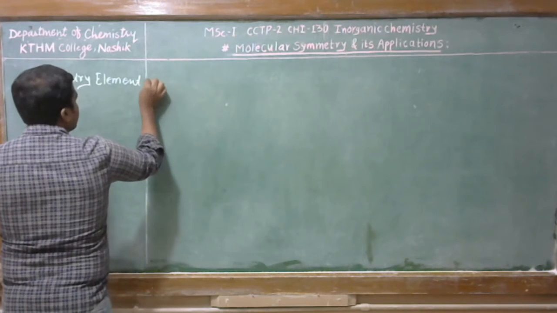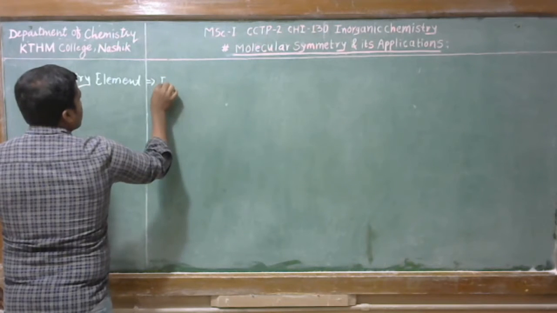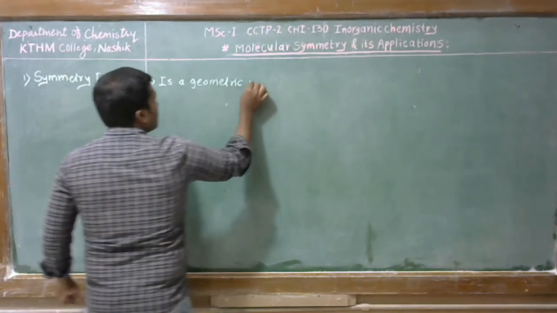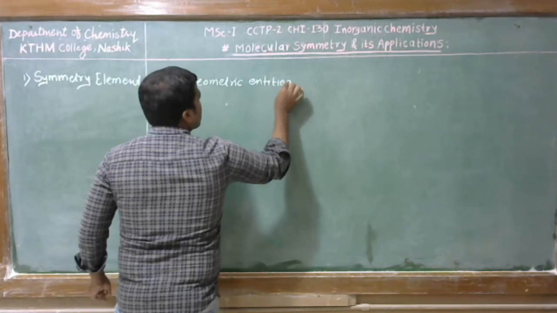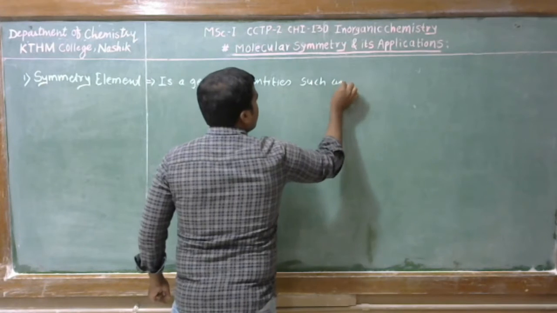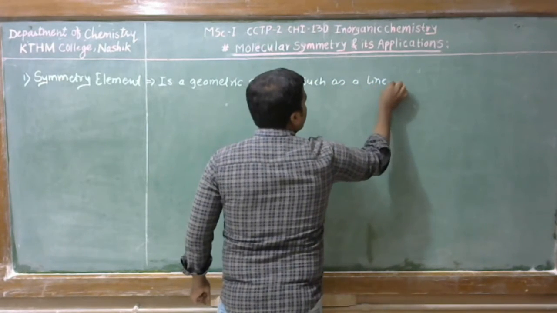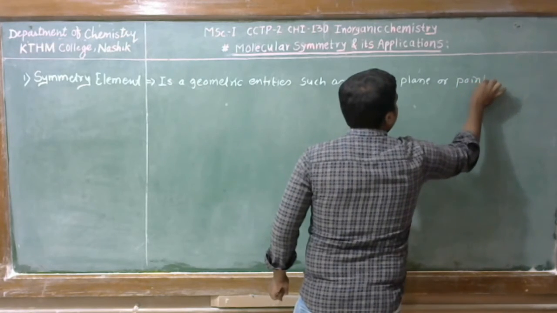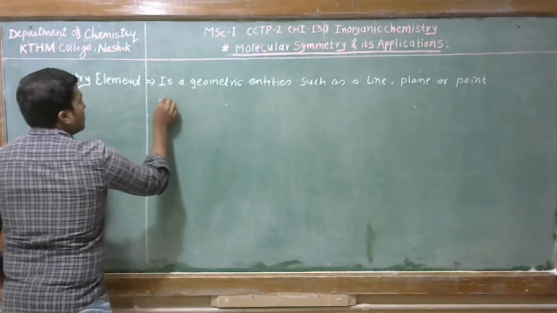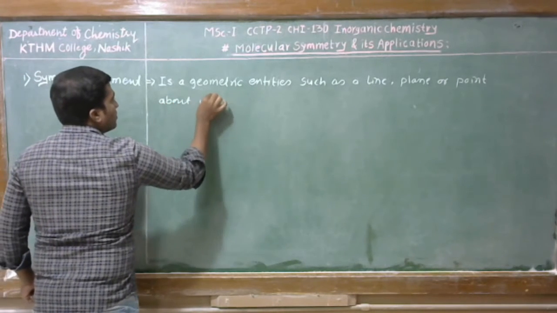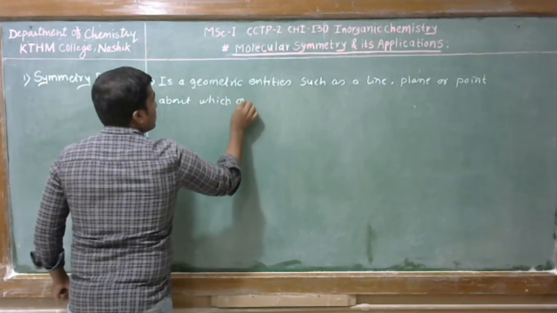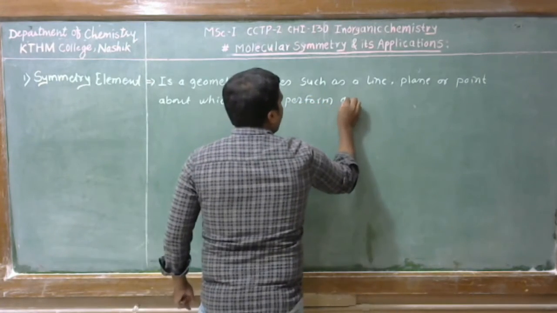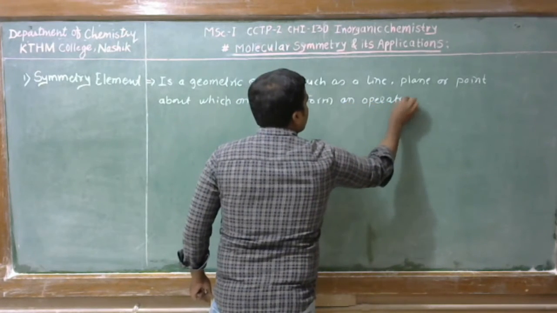A symmetry element is a geometric entity such as a line, plane, or point about which one can perform an operation.